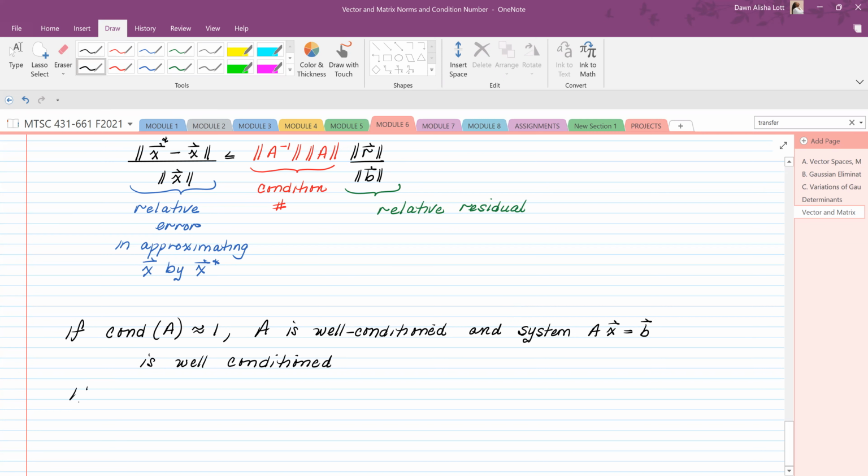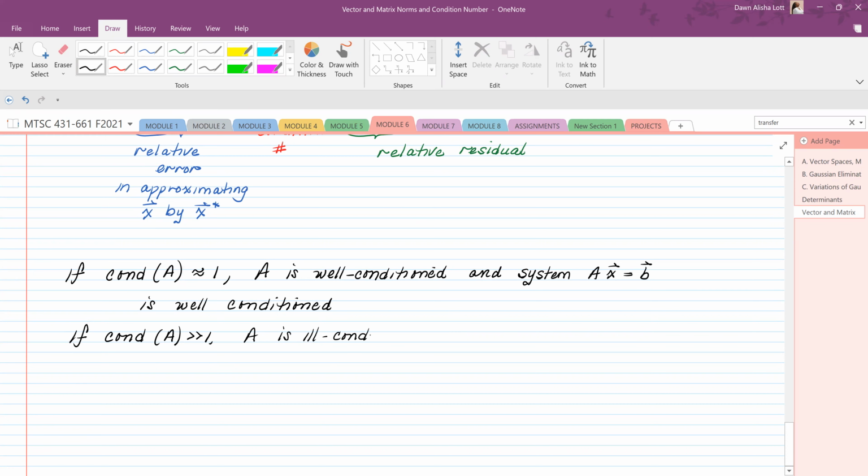If the condition number of A is much, much bigger than 1, then A is ill conditioned. Now, MATLAB has a lot of tricks in it that it uses to be able to try to solve Ax equals b when the matrix is somewhat ill-conditioned. Okay.